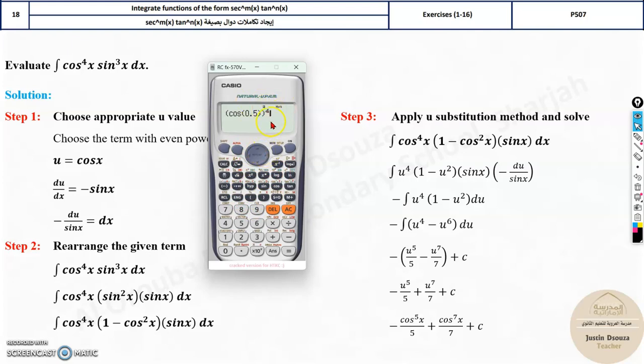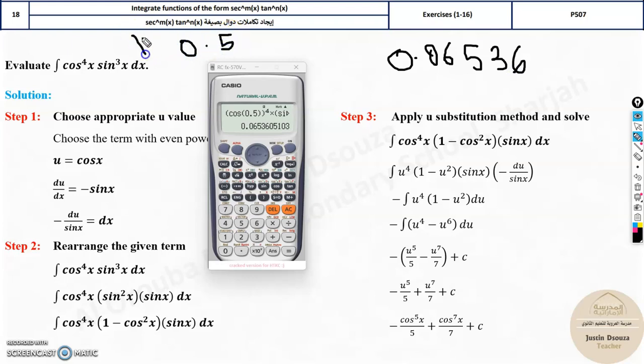But you should power it accordingly, correctly, multiplied with sine x, which is 0.5, close the bracket and make it cube. Now it's proper. That's it. Press equal to, your answer is 0.06536. Okay, the x value was 0.5.